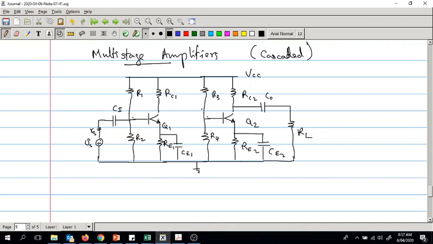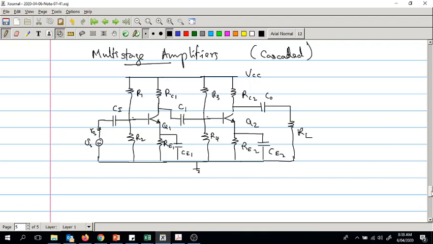Now we will connect the output of the first transistor, which we get from the collector, to the input, that is the base of the second transistor, through a capacitor which we will label as C1. Now this is a cascaded amplifier stage, or multi-stage amplifier, two amplifiers connected together, or cascaded together.